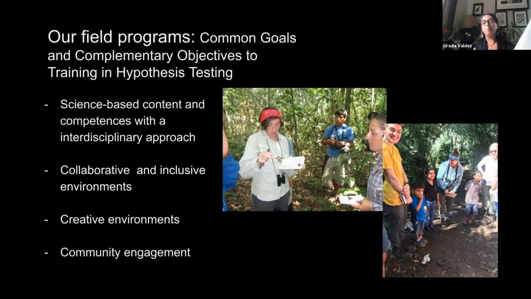So based on that, and based on this tree diagram that Jenny described, we want to accomplish a much greater sense of interdisciplinarity, maintaining our science-based content and competences, but providing opportunities for students that are collaborative, inclusive, creative, and engaged communities.